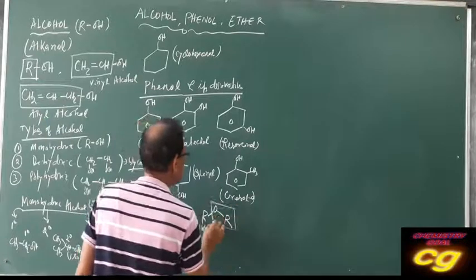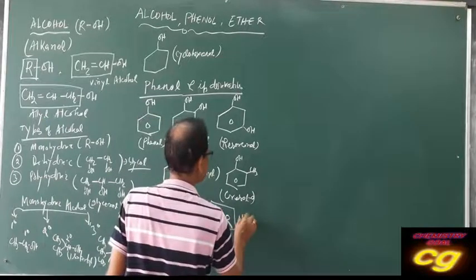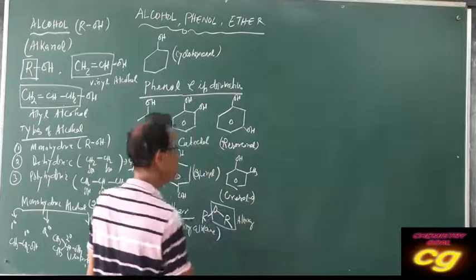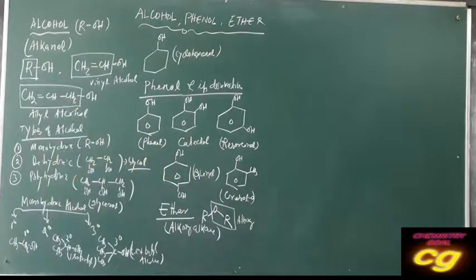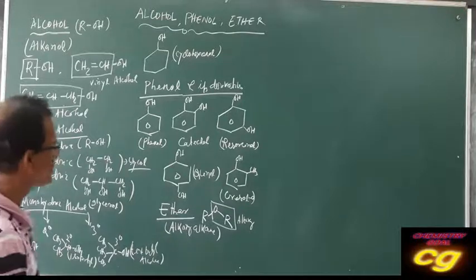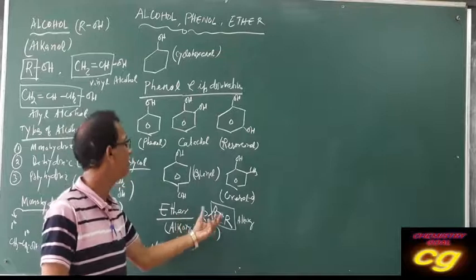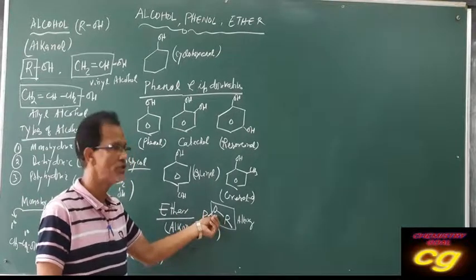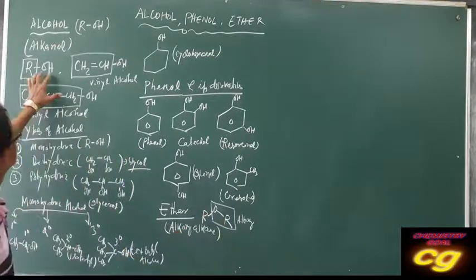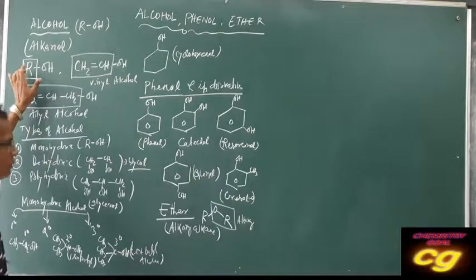Any one group is called alkoxy. The smaller group is called alkyl, and the larger group is generally called alkoxy. So alkoxyalkane, like this. These are called ether. In ether, two groups are attached to oxygen. Here one is attached to OH, that is alcohol.